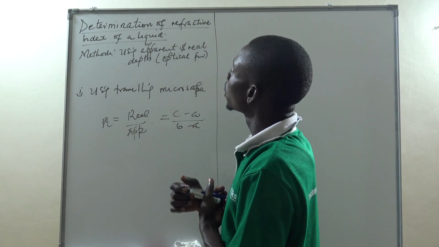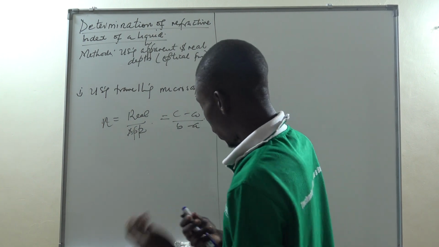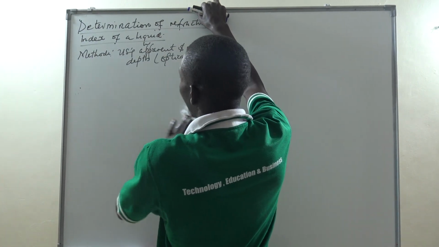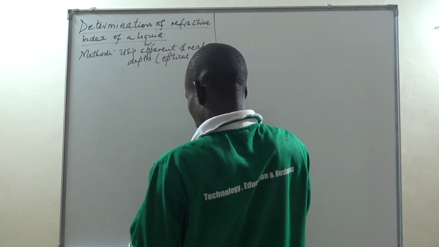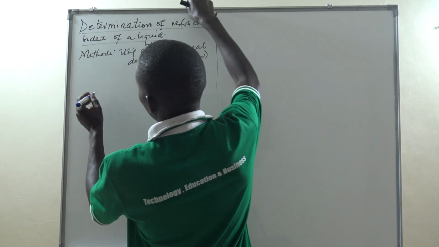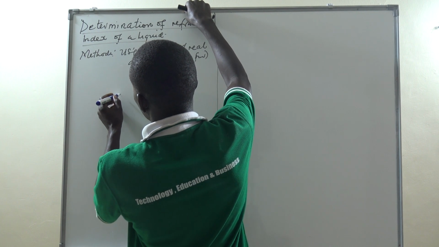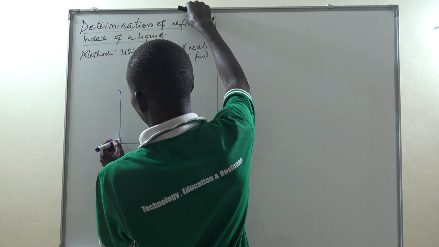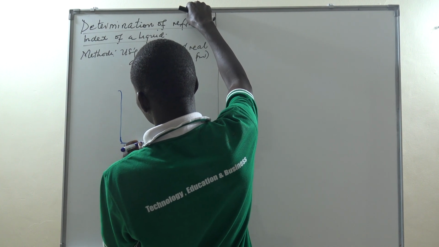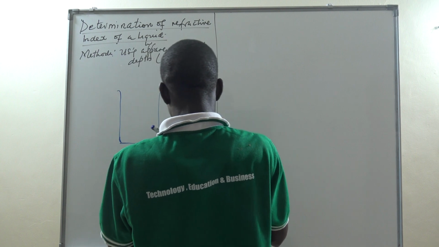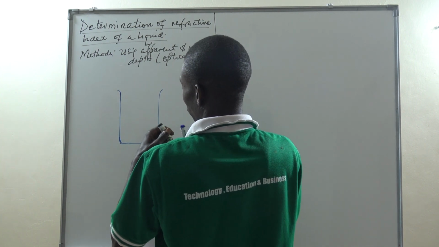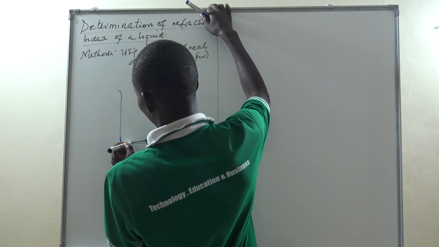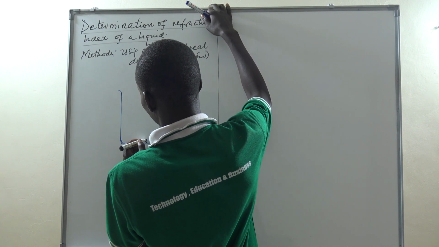But now let's use the optical pins. We are going to look at the method of using the optical pins. A simple sketch would look like this. I can put my pin here, if that is my optical pin.